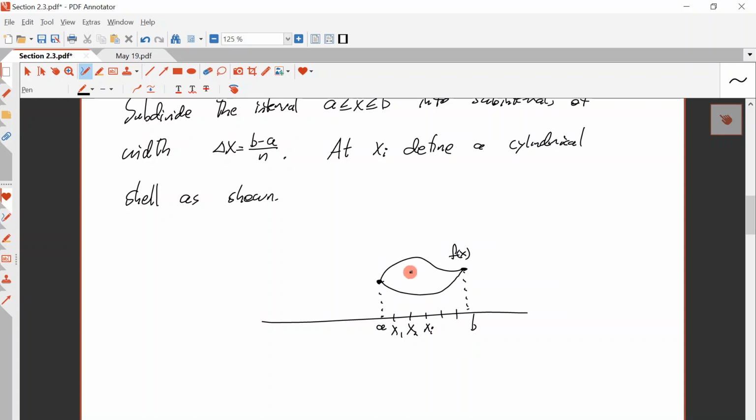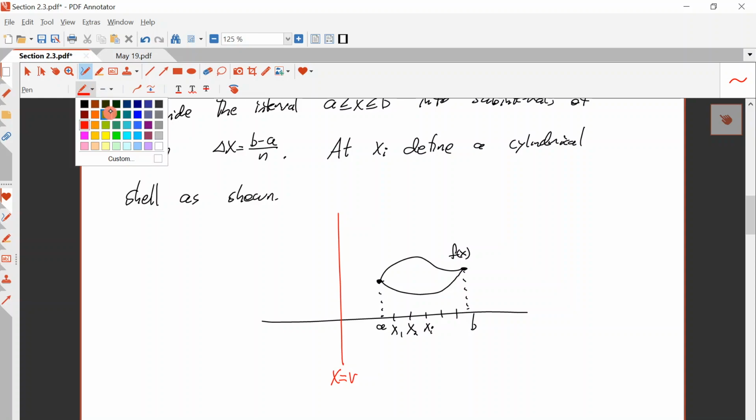Here's that vertical axis. That vertical axis could be over here, or over there. We'll take it over here first, and I'll show you the difference if you put it over there. It's not much different.